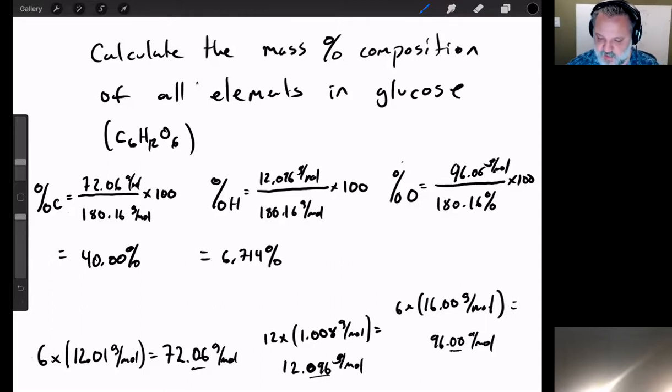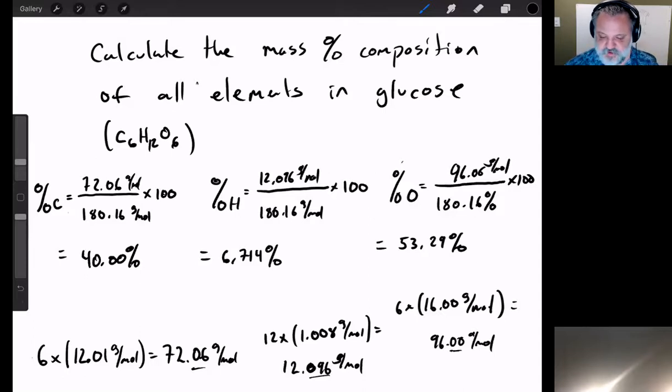And then finally for oxygen, 96 divided by 180.16, I get 53.29%.